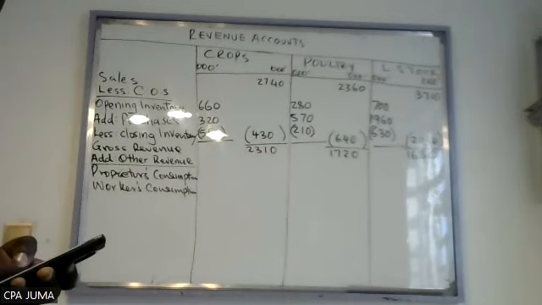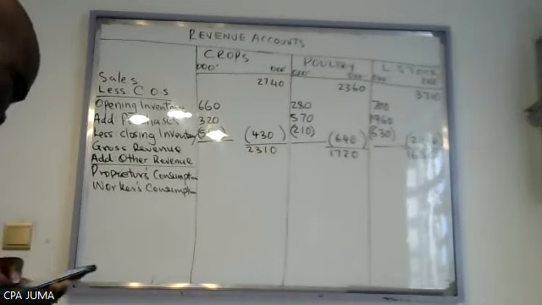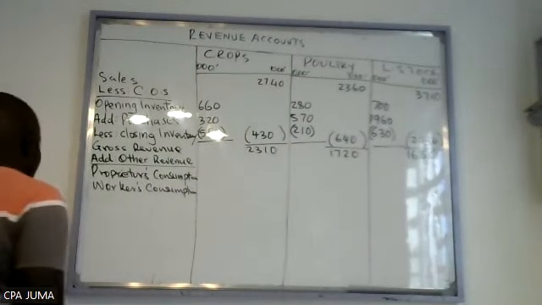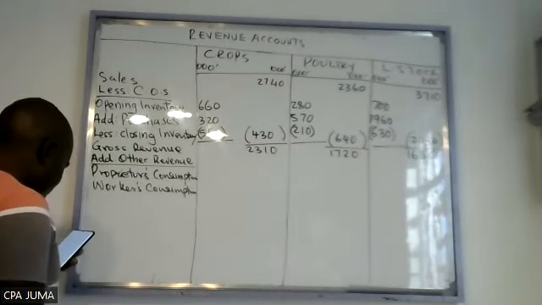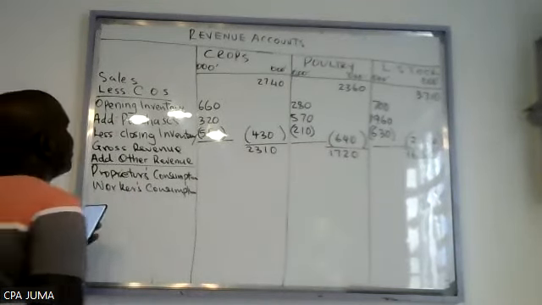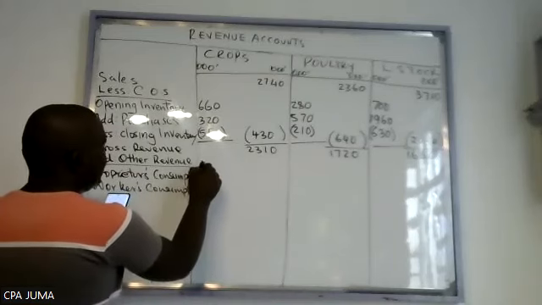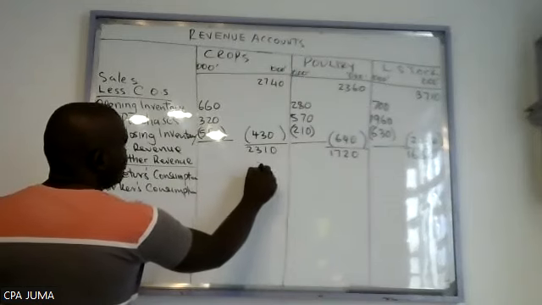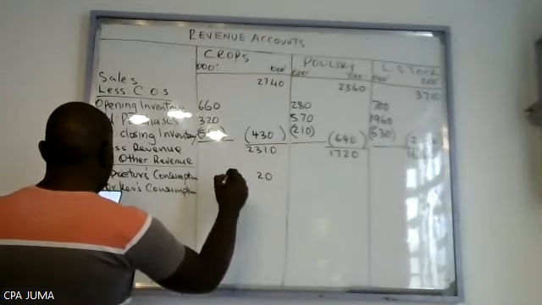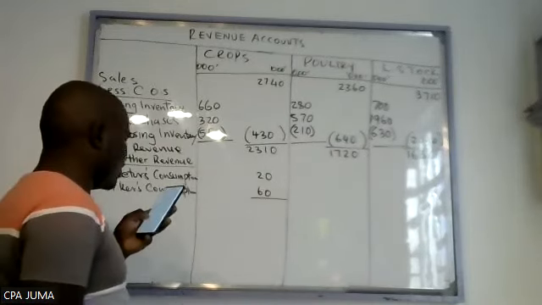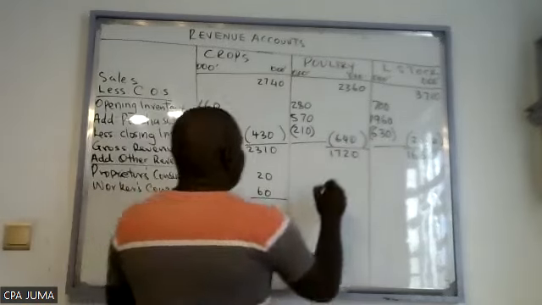So for crops, that is not number one. Crops, proprietor consumed 20. Sorry, we bring them to the far end. 20. Workers consumed 60. For poultry, they consumed 50 and 20.